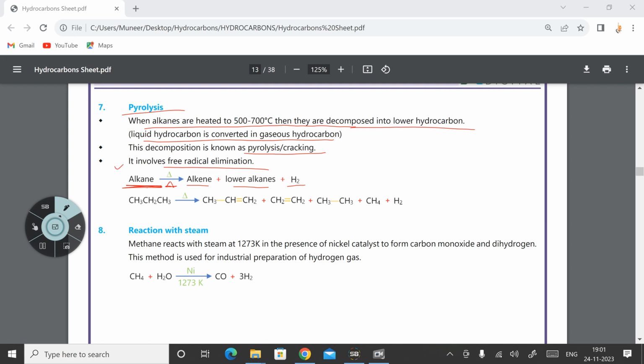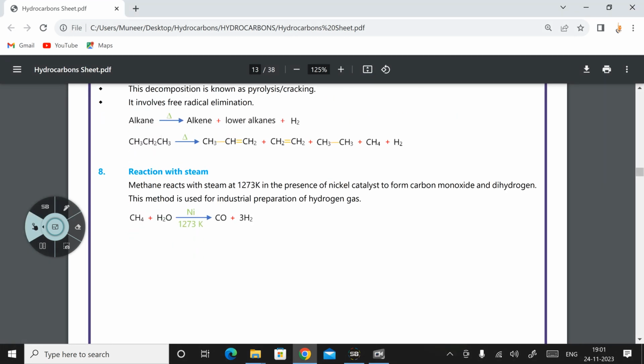This reaction is carried out by a free radical mechanism, and liquid hydrocarbons are converted into gaseous hydrocarbons. Gaseous means lighter, liquid means heavier; heavier is converted into lighter. This decomposition by heating in the absence of air is called pyrolysis or cracking.